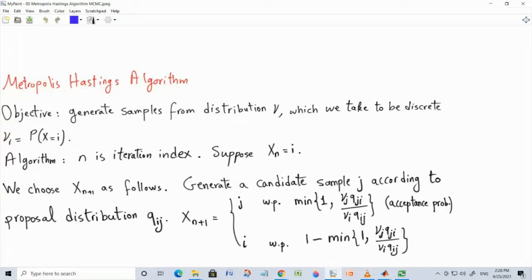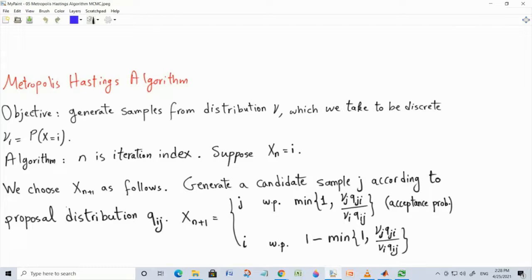Anyways, the probability that x is equal to i I will denote by mu i, and the algorithm is iterative, and n is our iteration index. Suppose that you reach the step in which x_n is equal to i. This is one of the possible values of x_n, and you want to generate a new sample.